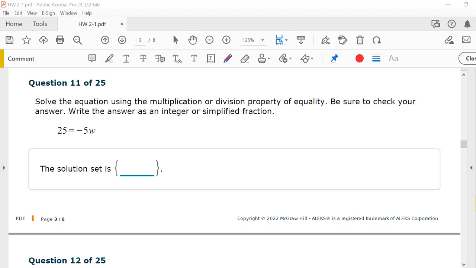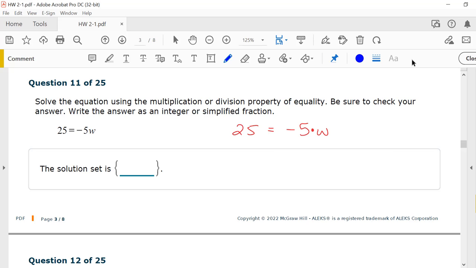Number 11, solve the equation using the multiplication or division property of equality. My equation is 25 equals negative 5w. Again, when you see negative 5w, that means negative 5 times w. I need to have a 1 in front of that w.